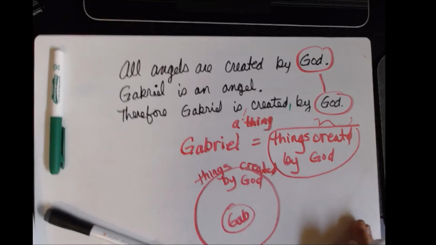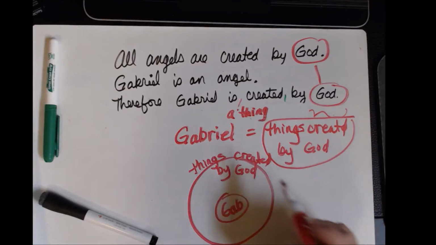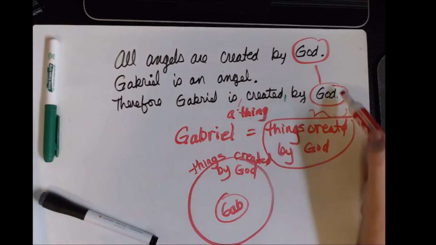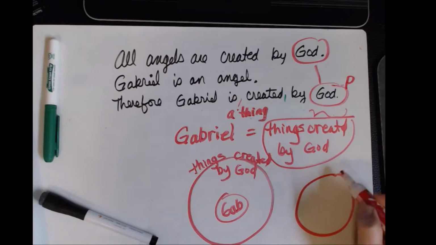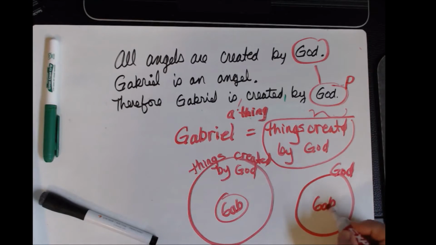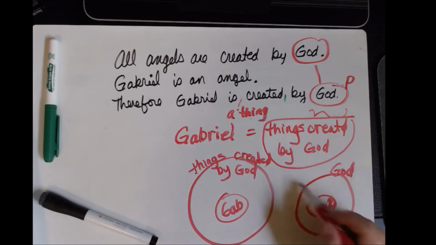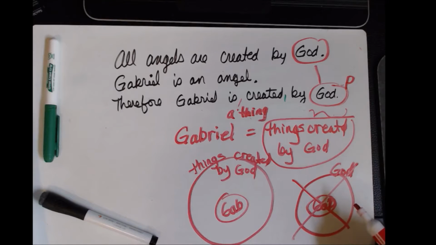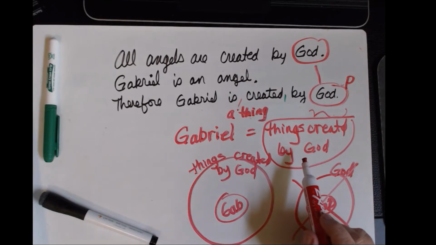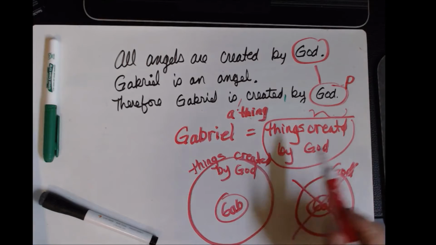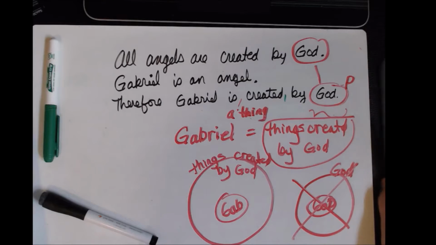So you have to really think about what you're writing there. Think of it visually. For those of you that were saying that God was the predicate, then what you're saying is, here's my set of all things that are God, and inside is Gabriel. In other words, Gabriel is a subset of the set of things that are God. No, that's not what it was trying to say at all. This is actually pretty common. I wrote this out on a lot of your guys' quizzes. So watch that. That was tripping up a lot of you.